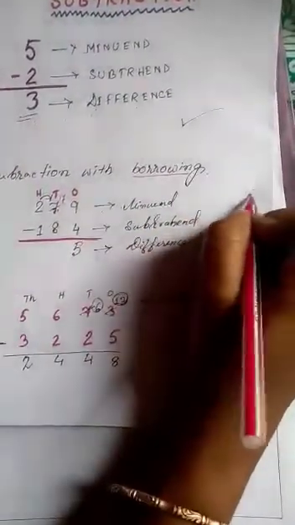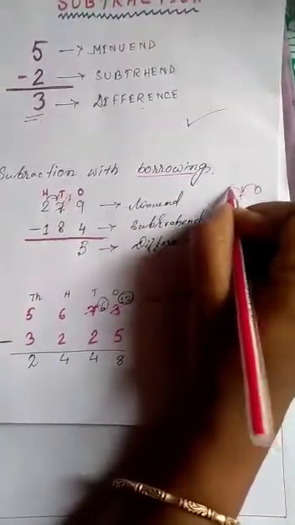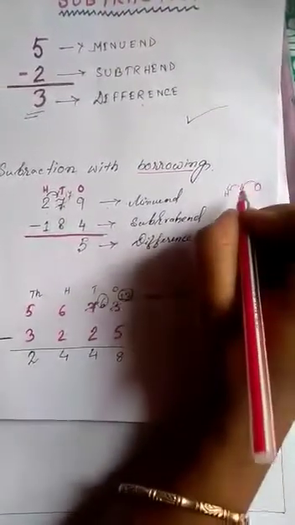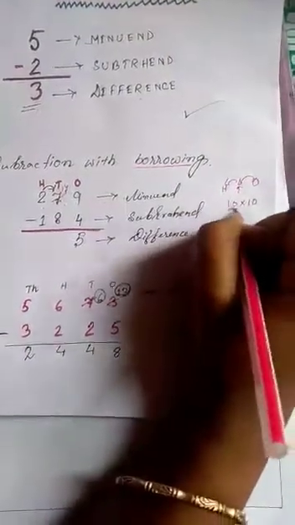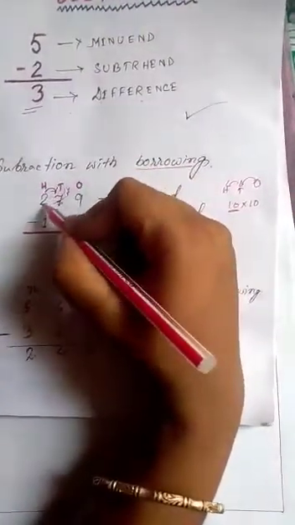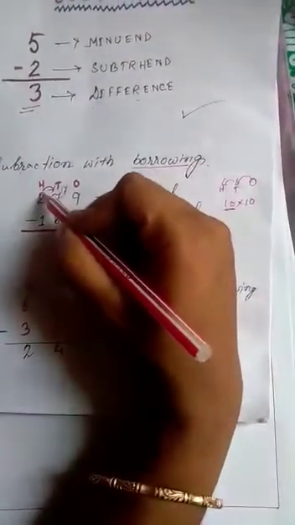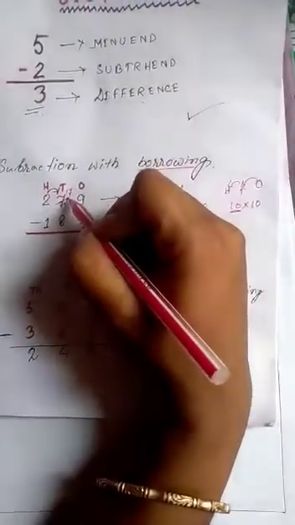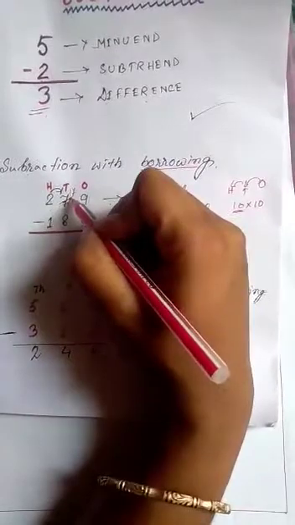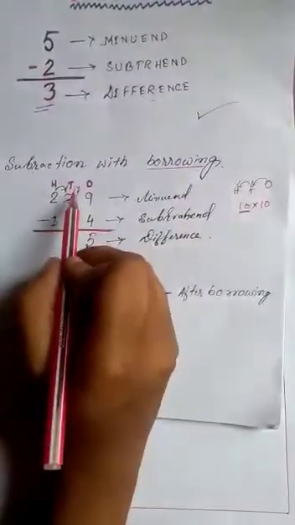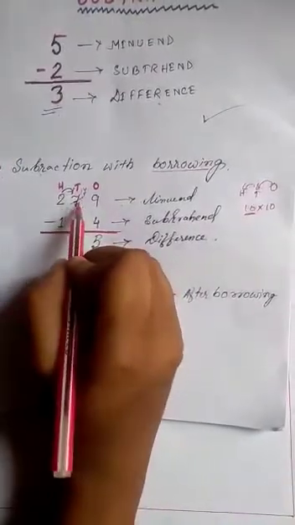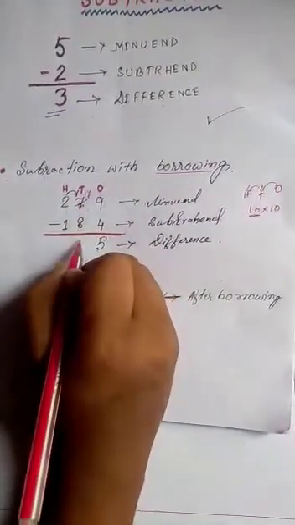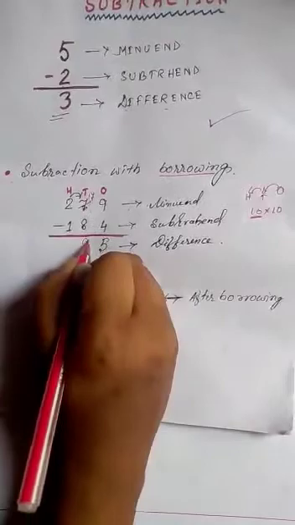Because from ones to tens or tens to hundreds, every nearby place digit is multiplied by 10. That's why if you take 1 from the hundreds place, then you have to add 10 to that tens place digit. Okay students, so 10 plus 7 you will get 17, and 17 minus 8 is 9.